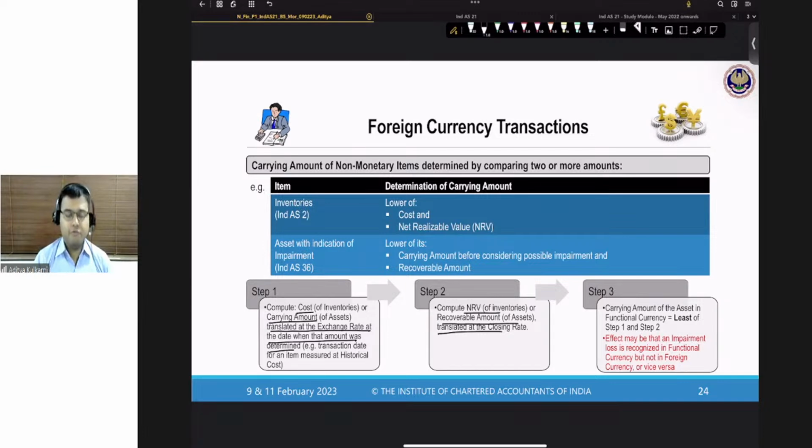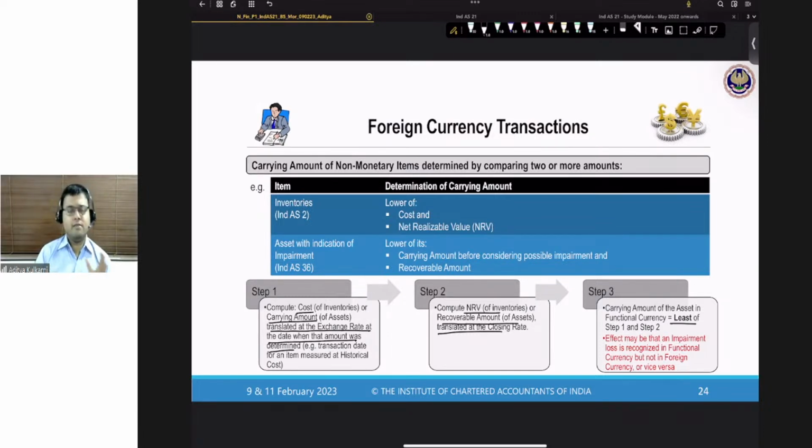So first thing is convert to INR, and then you compute the NRV. And finally, step 3, carrying amount is going to be the least of step 1 and step 2.